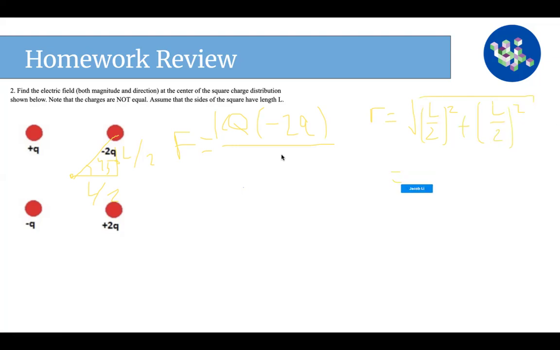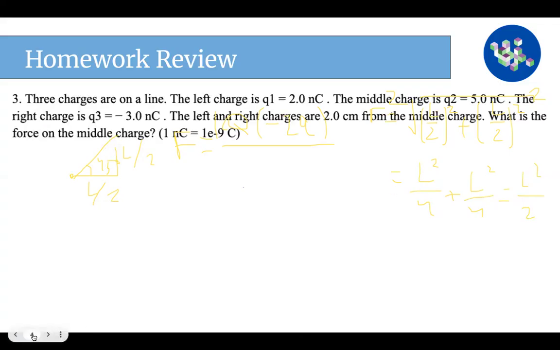I could just square that as well because it's supposed to be R squared on the denominator. L squared over 4 plus L squared over 4, L squared over 2. Don't forget you need the square root on the L.